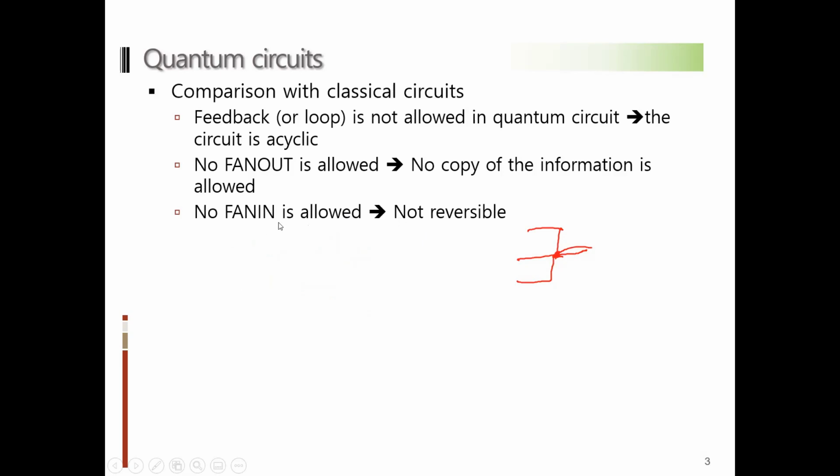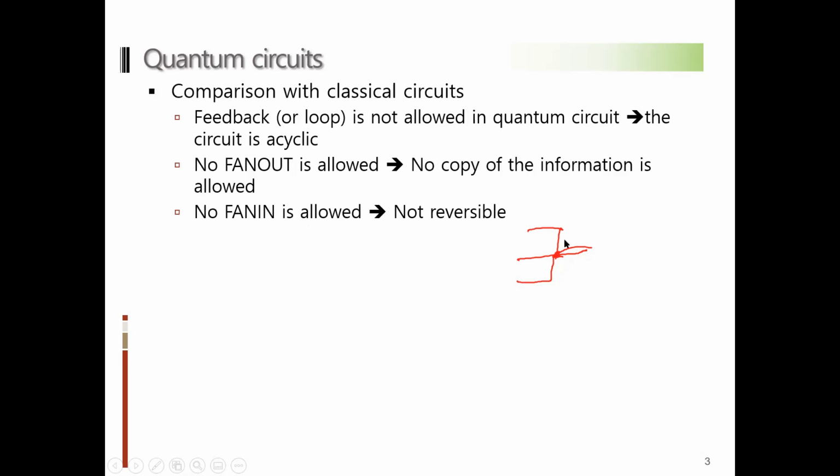Of course, this kind of situation is not allowed in quantum circuits, because all the gates in the quantum circuit should be unitary operations. And the important property of a unitary operation is that it should be reversible.